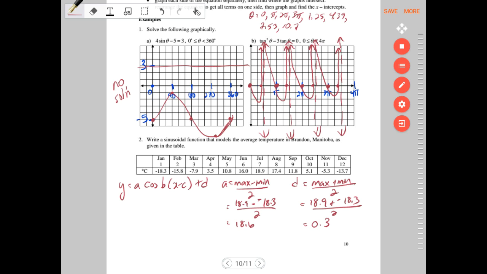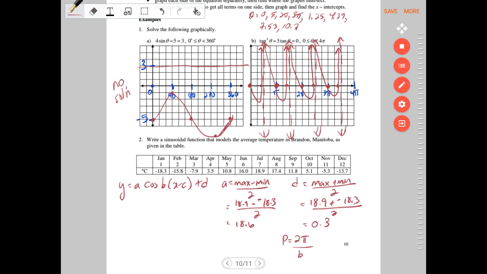Okay? The period, whenever we are doing problem solving with trig functions, we'll always use 2pi instead of 360 degrees. Most of the applications work better with that.